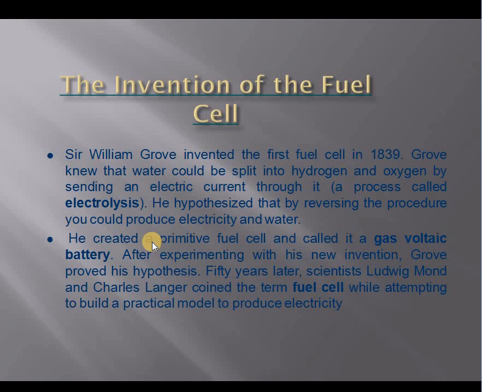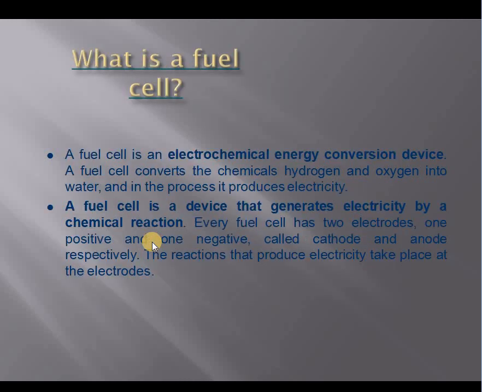He created a primitive fuel cell, called the gas voltaic battery. After experimenting, he later proved that his hypothesis was true, and then after 50 years two scientists, Ludwig Mond and Charles Langer, called it a fuel cell, and did it again in the same model.